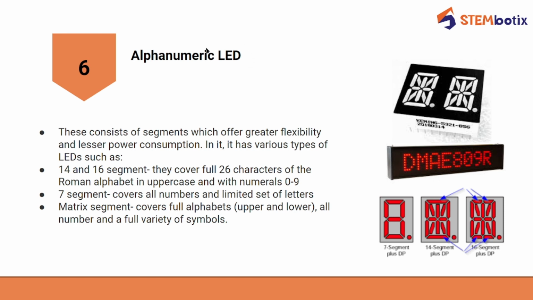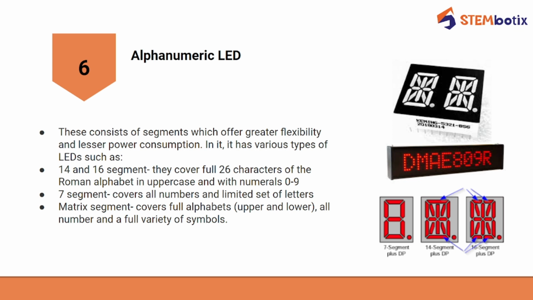So these LEDs can represent both letters and numbers. In this category it is also divided into subcategories. This consists of segments which offer greater flexibility and lesser power consumption. So these LEDs consume low power.